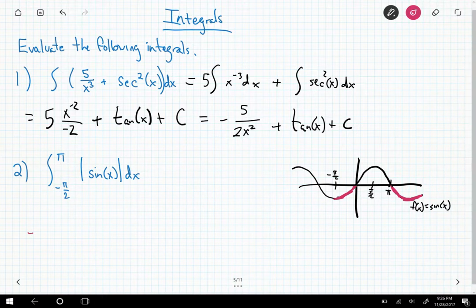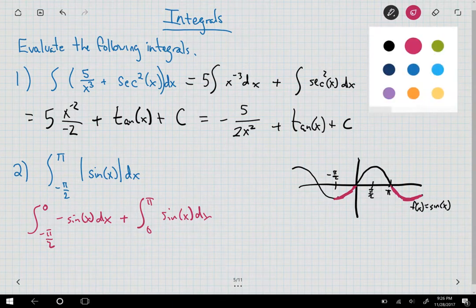So this thing becomes the integral from negative pi over 2 to 0 of, if we're flipping this, it has to be negative sine of x dx, plus the other breaking point, from 0 to pi of just regular old sine of x dx.